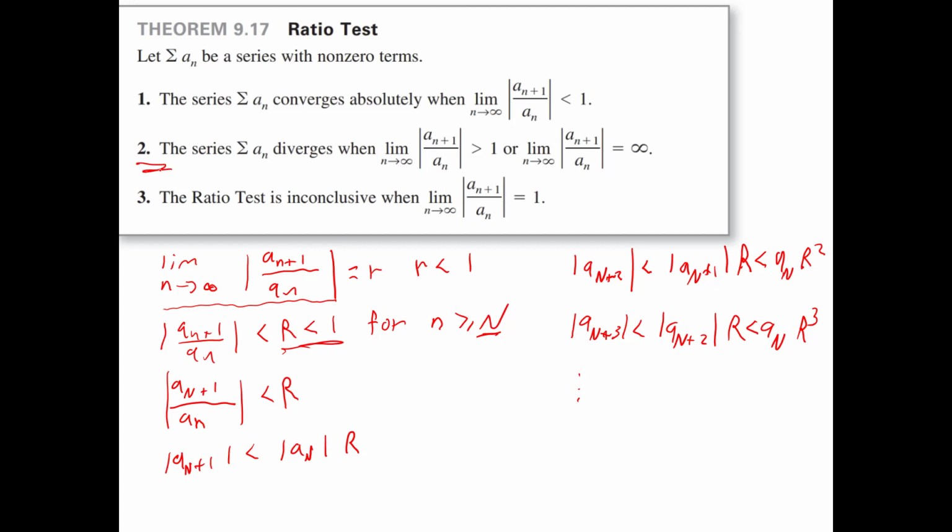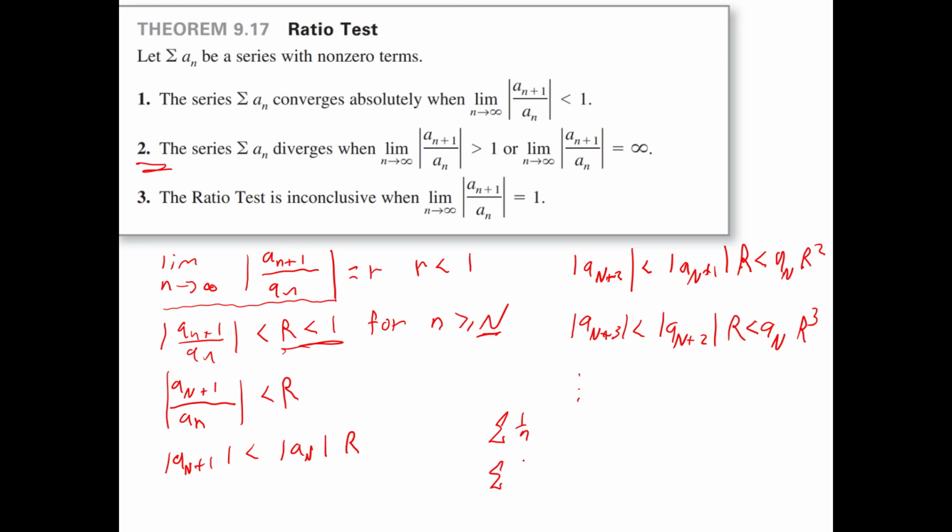And now for number 3, it says the ratio test is inconclusive when the limit as n goes off to infinity of a sub n plus 1 over a sub n is equal to 1. The reason it's inconclusive is because if you use the ratio test on 1 over n, you will get that your limit is 1 and the series diverges.